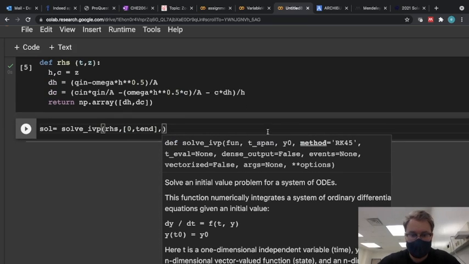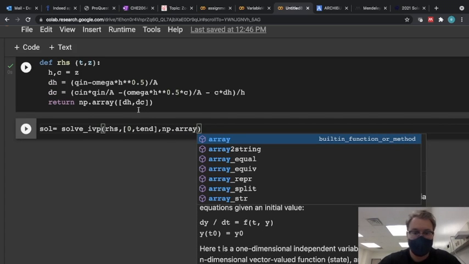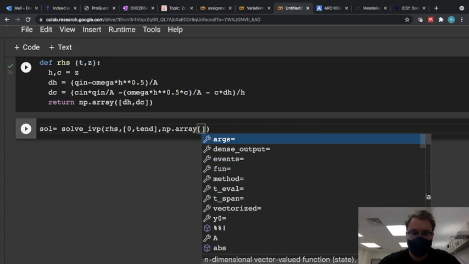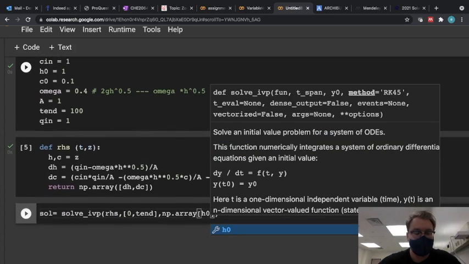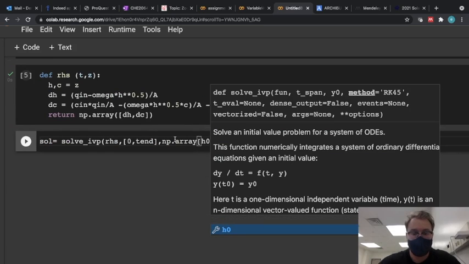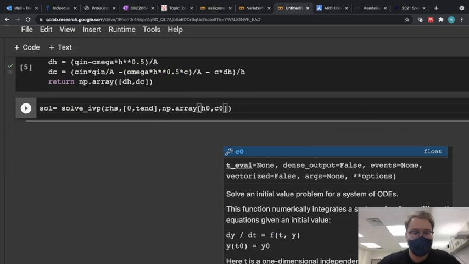And then my numerical Python array, which I already set up here, is starting out at height initial, which was 1 meter, and concentration initial, which was 0.1.